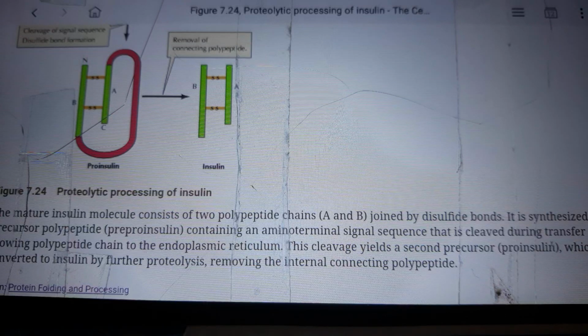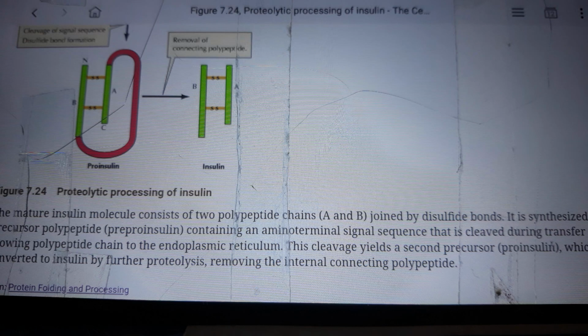The figure depicts the proteolytic processing of insulin. The mature insulin molecule consists of two polypeptide chains A and B, joined by disulfide bonds.